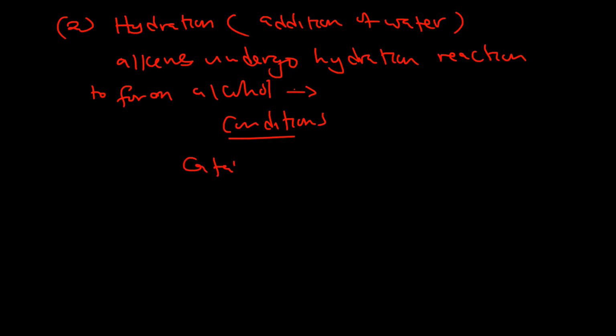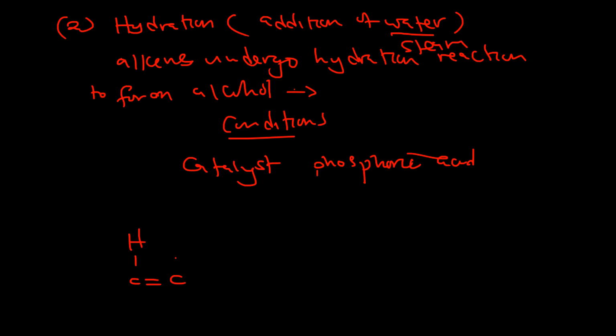One, a catalyst. Phosphoric acid is needed as a catalyst. In some cases you find steam. So hydration, addition of water or steam, is just the same. Example, the simple alkene, which we'll keep using, plus steam.